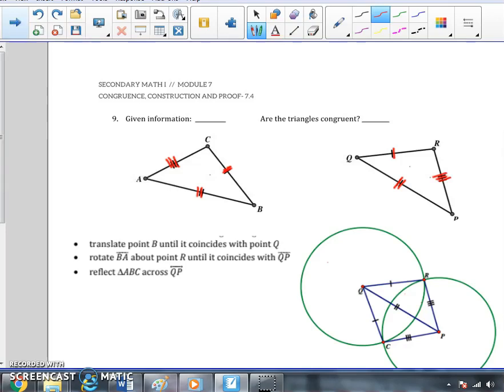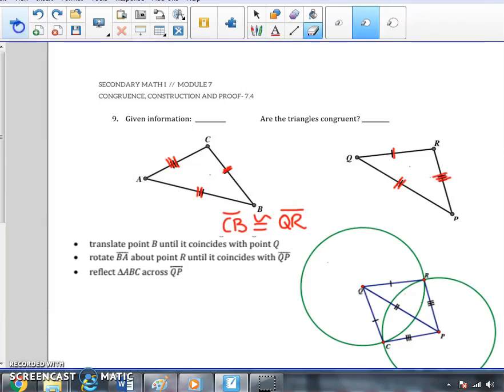And when we tried to overlap CB onto QR, we saw that they overlapped, and at the same time we were looking to see if line segment AB was congruent to line segment QP.